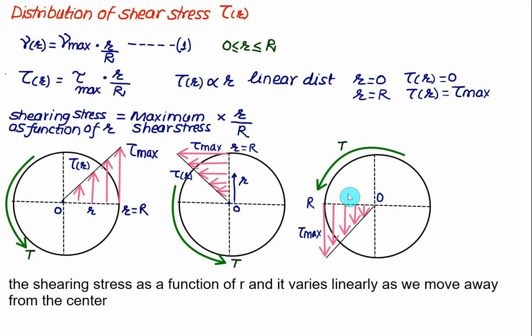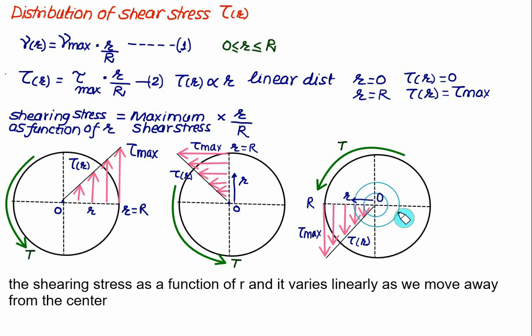At any radius r from the center, the shear stress is a function of r. So the shearing stress as a function of r varies linearly as we move away from the center. Now from equation 1 and equation 2, we are able to develop the relation between the shear stress and the torque T. Over this radius r, our shear stress remains constant.